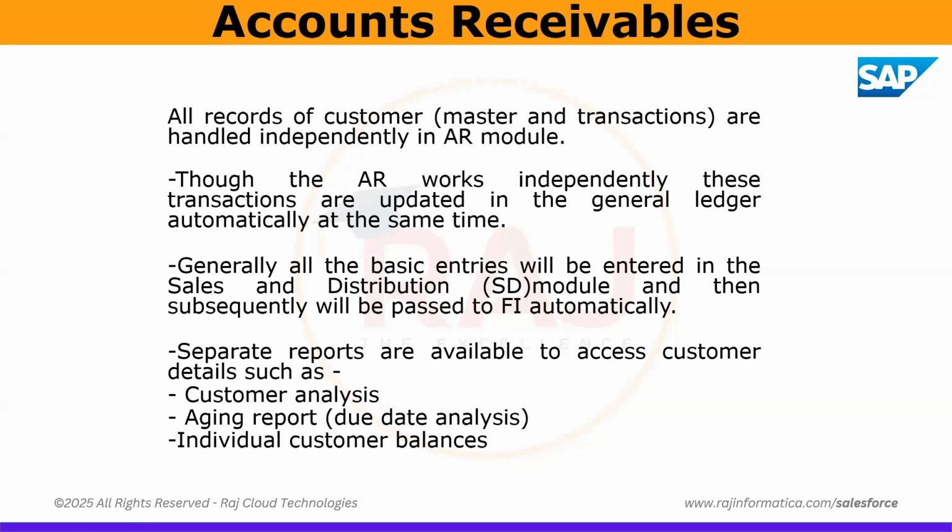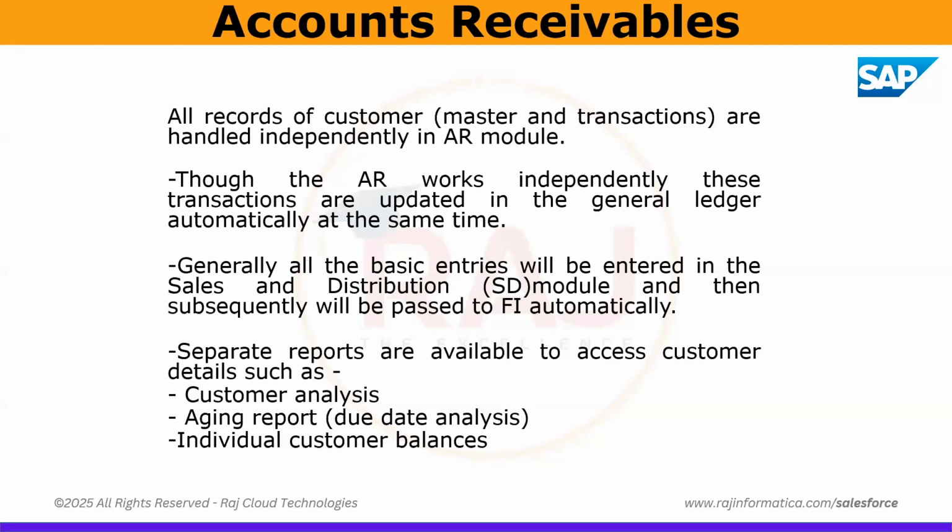From the FI point of view, that is non-material entries. So let's say for example, we are doing some scrap sale, and the scrap sale does not have any particular material code. So you are just selling scrap for, let's say, 15,000. So customer to scrap sale entry without material, if you wish to post, you can post it in the FI related invoice that you are trying to create.